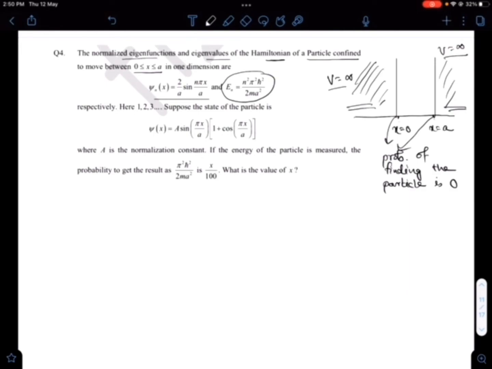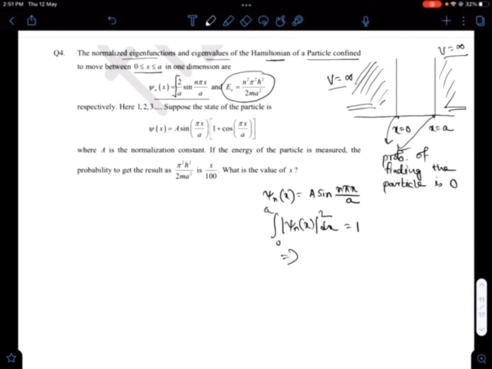So if we look closely, there is a mistake in the question. The normalized wave function should be this. You can calculate the normalization factor if psi n is this, n pi x by a. From the normalization condition, this integral between 0 to a should be 1.